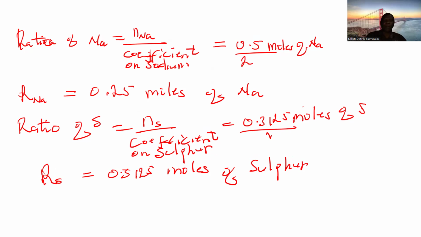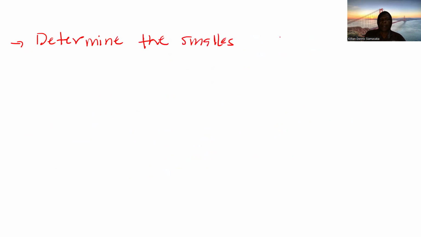And so the second step to determine which is the limiting reactant is to determine the smallest of R for sodium or R for sulfur.